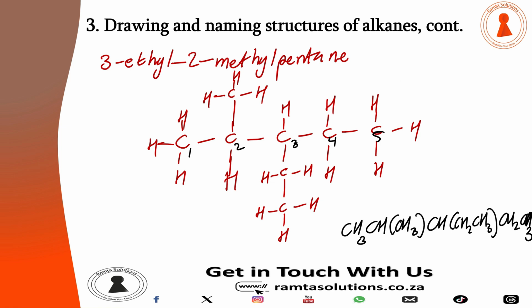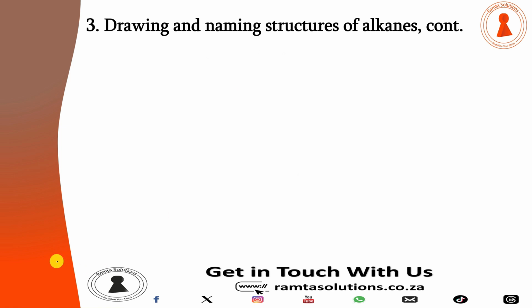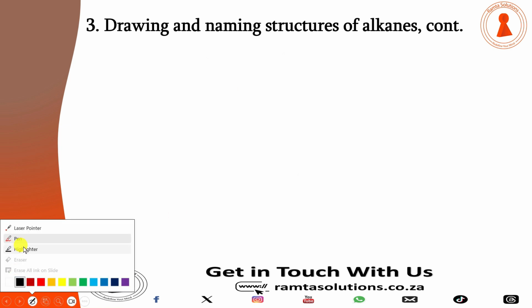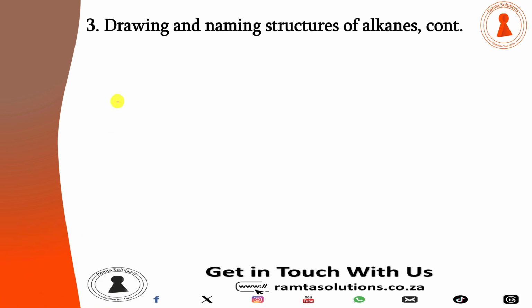Now we are going to try this one here. Let me draw its condensed structural formula and name it after. CH3 CH, open bracket, CH3, close bracket, CH2 and then CH3.